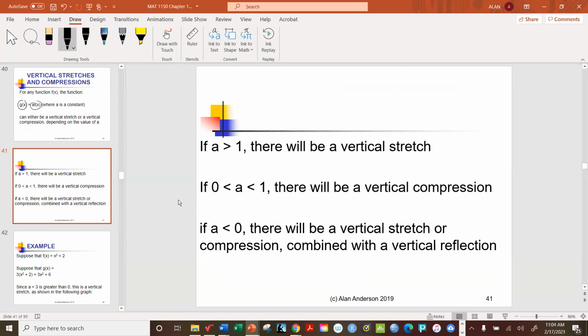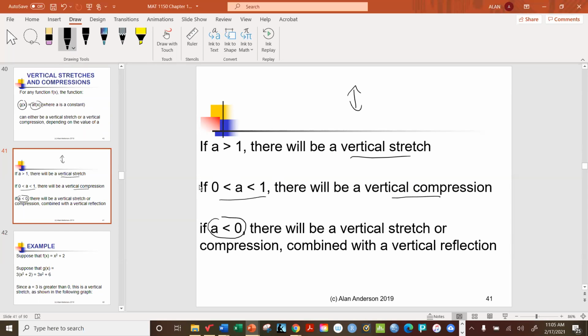Oh, we're comparing it to 1. Ooh, this is tricky. A has to be greater than 1 to make it a vertical, meaning up and down, of course, stretch. If it's between 0 and 1, there'll be a compression. Ooh, now this one looks intriguing. Negative A means it will either be a stretch or a compression.